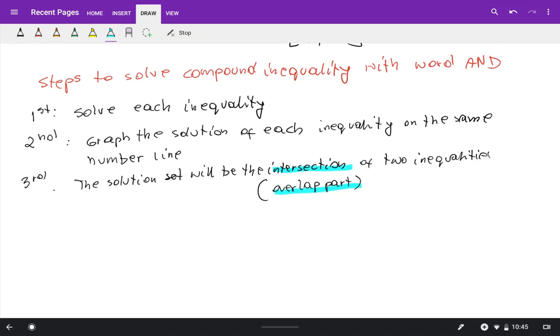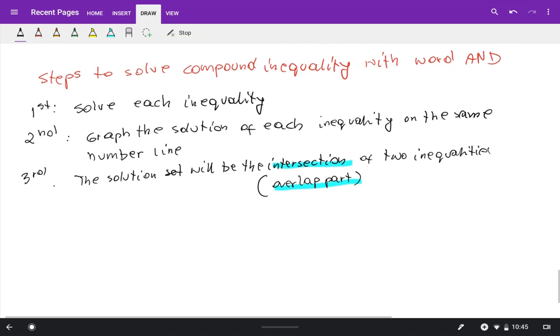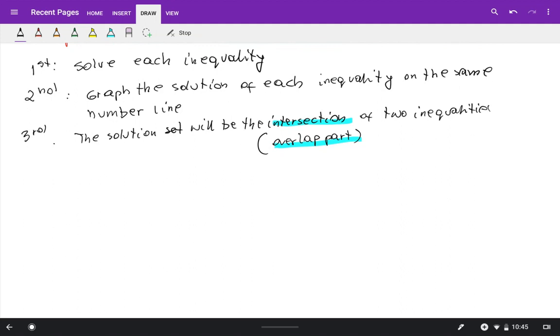Okay, so let's do something a little more advanced. Next example, solve the compound inequality. And again, we're solving and, which is intersection. Okay.